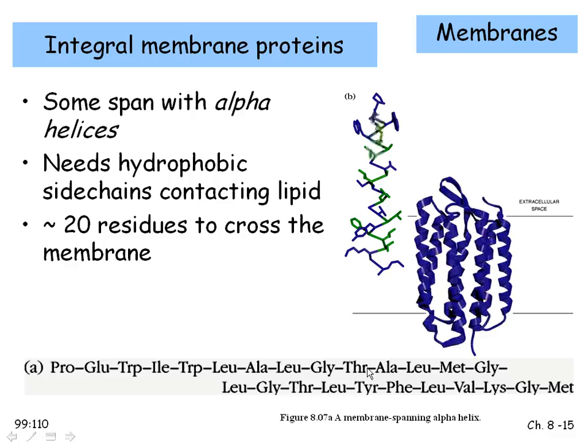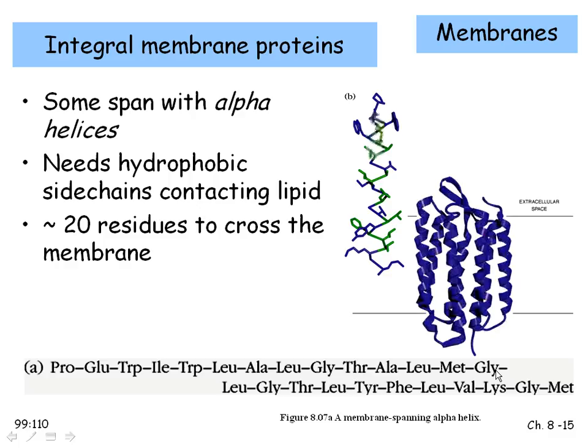And as a consequence, we tend to see things that are characteristic of these membrane-spanning things. They're not absolutely characteristic, but there certainly is a strong tendency. If you look at this particular alpha helix that is a membrane-spanning alpha helix, what you'll see in here is that once you get past this glutamate, you've got tryptophan, isoleucine, tryptophan, leucine, alanine, leucine, glycine, threonine. Not a very hydrophobic thing, just that one little alcohol.